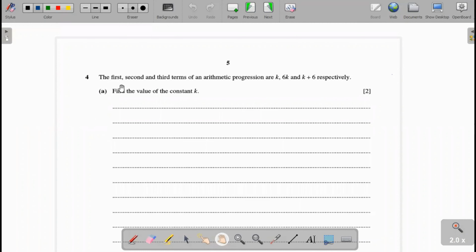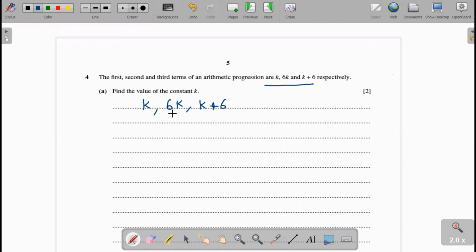Question number 4. The first, second, and third terms of an arithmetic progression are k, 6k, and k plus 6 respectively. Find the value of k. Now this is the arithmetic progression. The first value is k, then 6k, and k plus 6. Each term is obtained by adding a constant value.